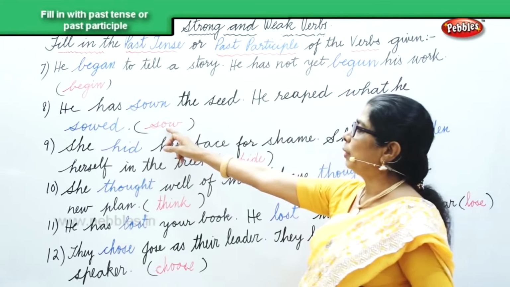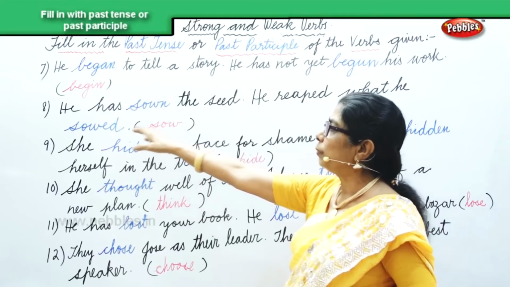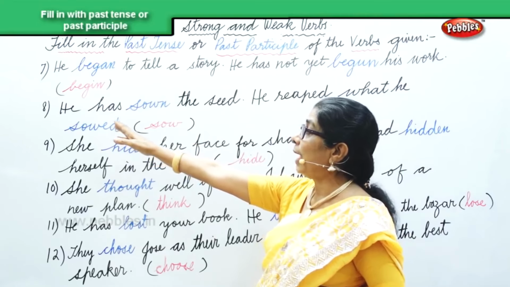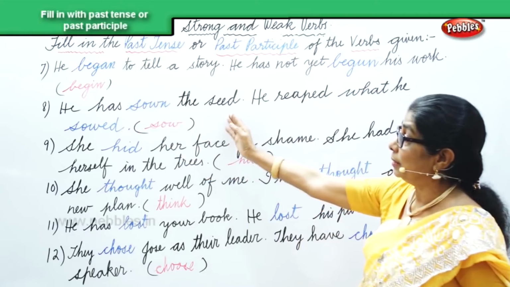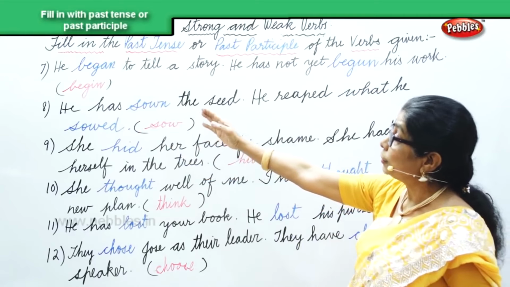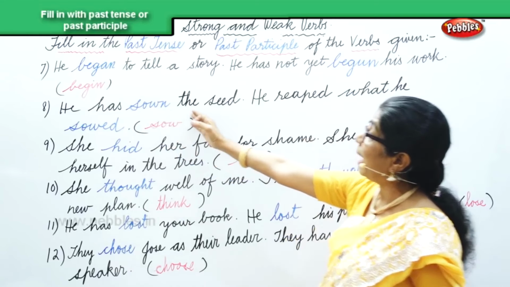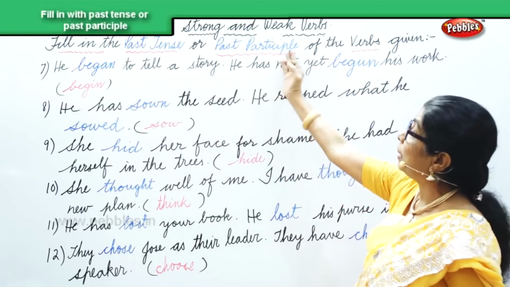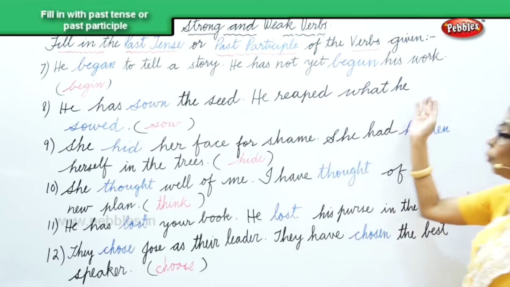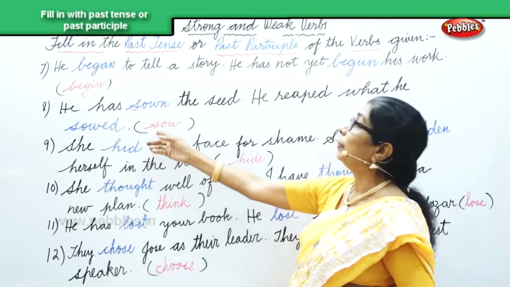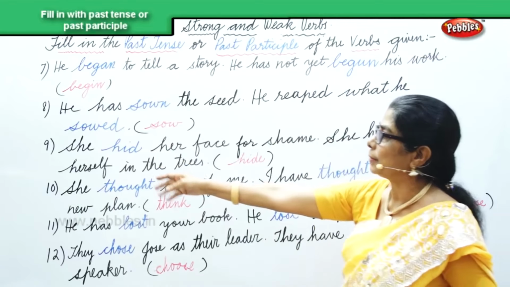The verb given to us in the present tense is sow. So he has sown the seed, sown is the past participle. He reaped what he sowed. That is the past tense.